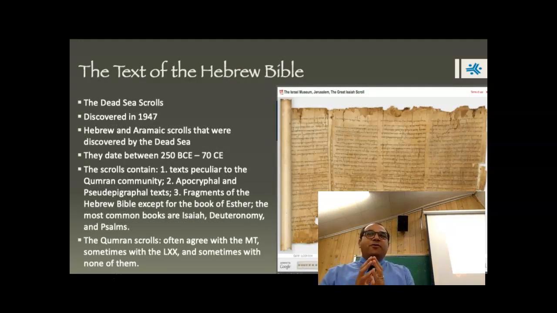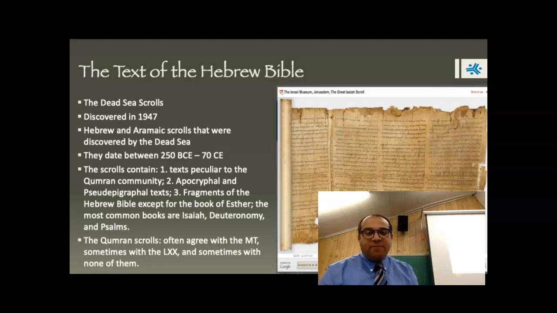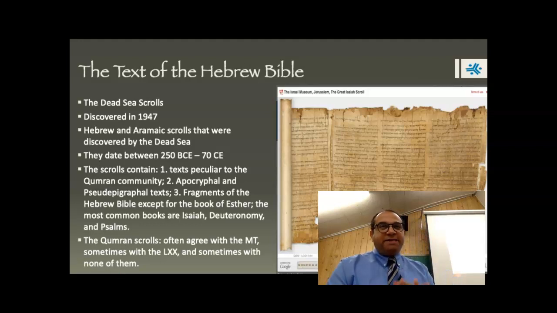But there is another important and significant source for the Hebrew Bible, which is the Dead Sea Scrolls. This picture right there is from the Great Isaiah Scroll in the Israel Museum in Israel. In 1947, a shepherd by accident discovered jars that had manuscripts in them.